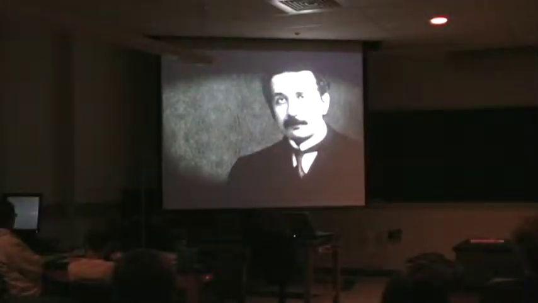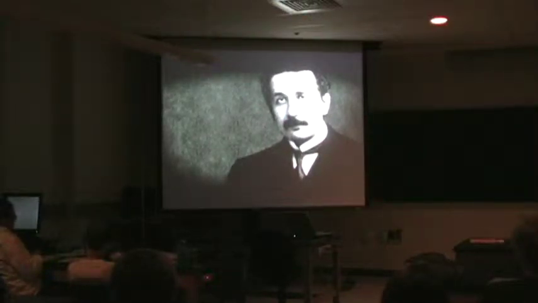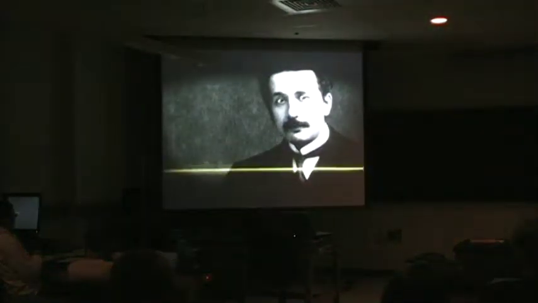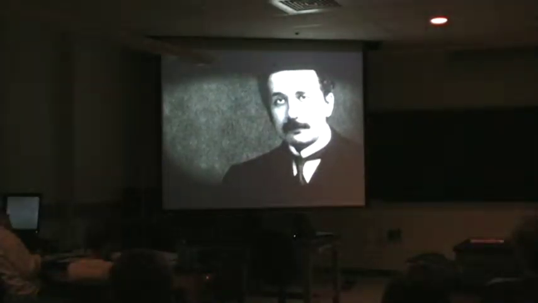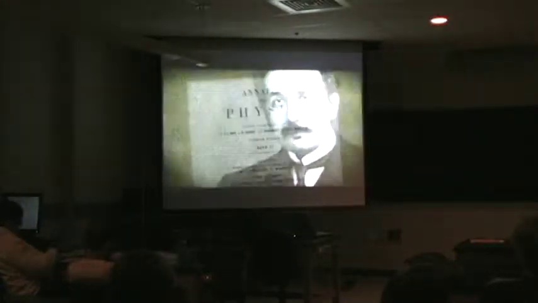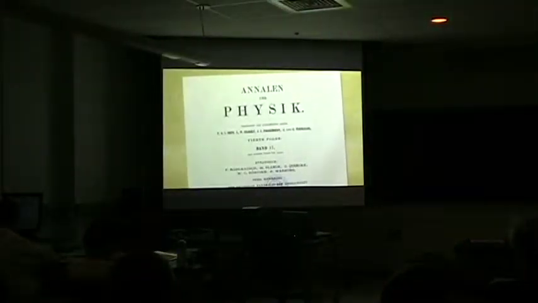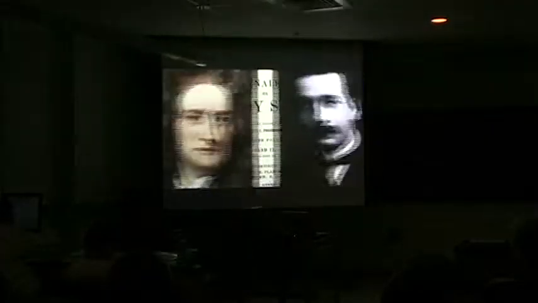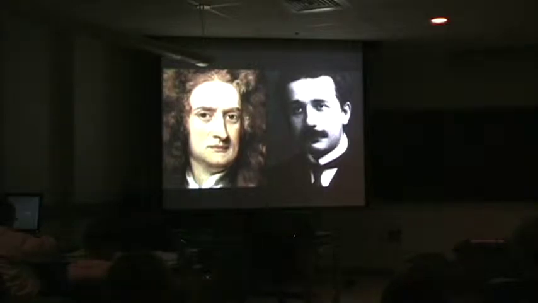At the age of 26, Einstein made a startling discovery: that the velocity of light is a kind of cosmic speed limit, a speed that nothing in the universe can exceed. But no sooner had the young Einstein published this idea than he found himself squaring off with the father of gravity.